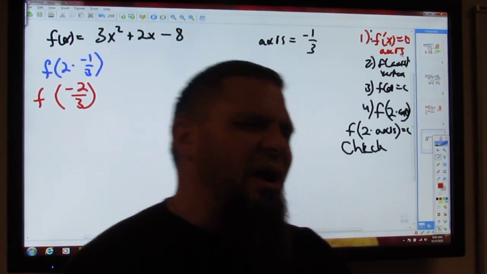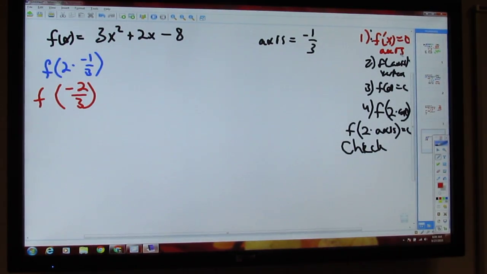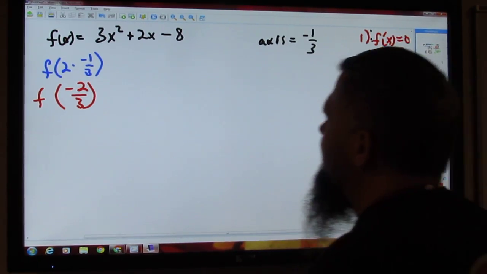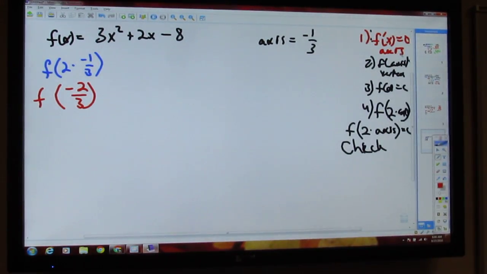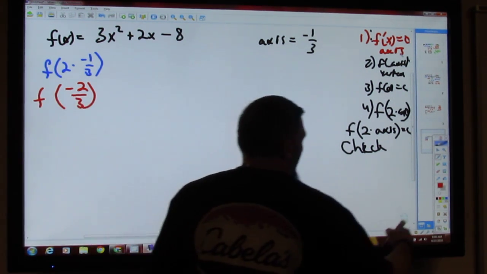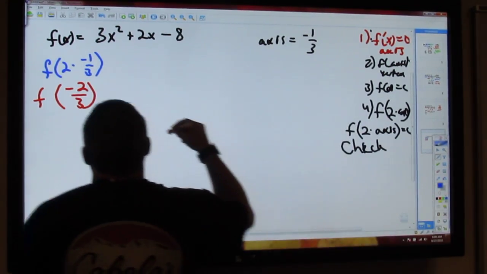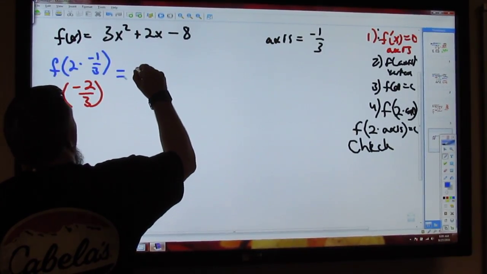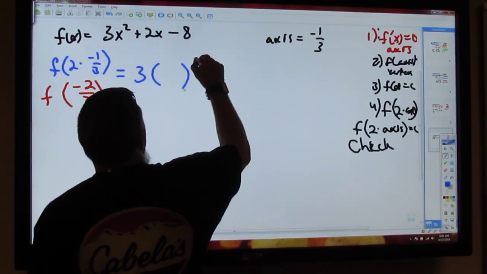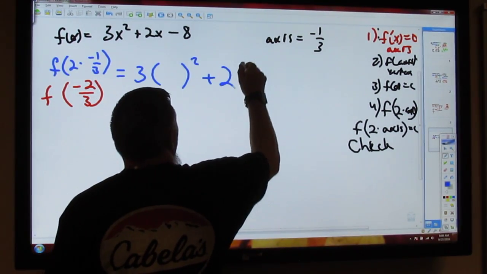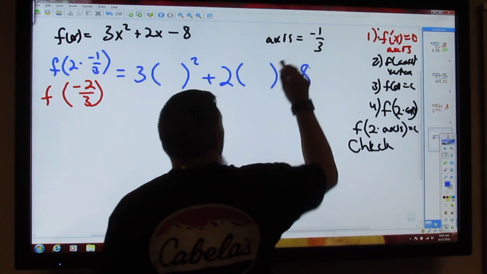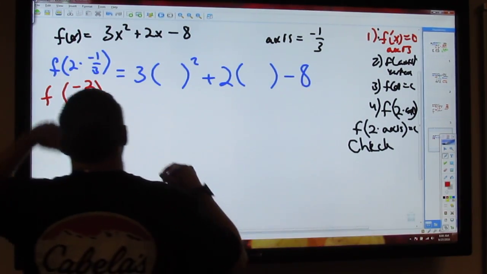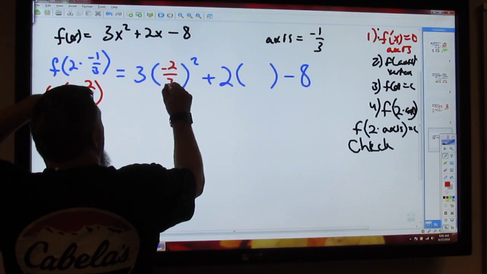I'm just writing these over and over. Help me out here. What do I do now? Once I plug this in, 3 times x squared plus 2 times x minus 8, I'm just going to plug in negative 2/3.